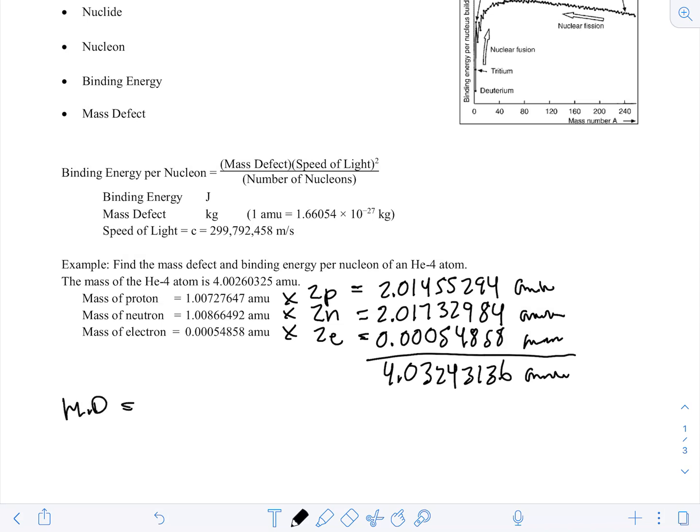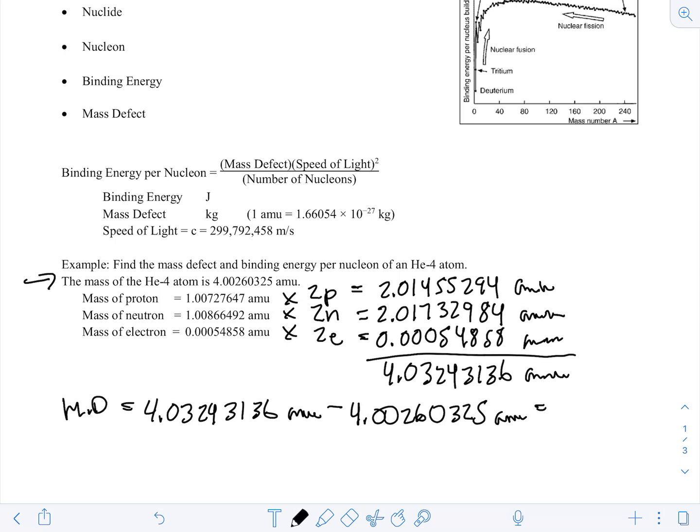So we find that there's a missing energy. So you want to take the mass that you just calculated, 4.03243136 AMU, minus the mass that they say you actually have, which is 4.00260325.